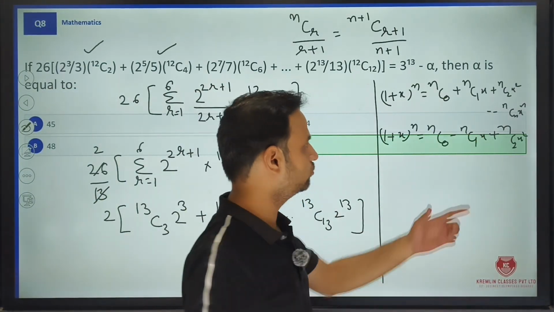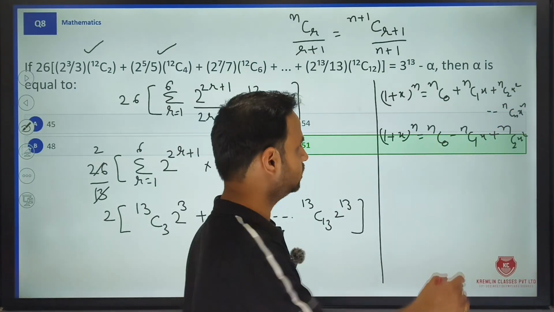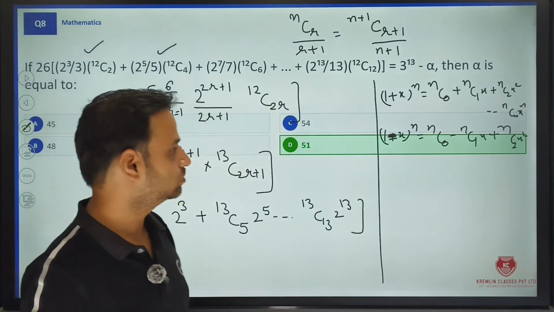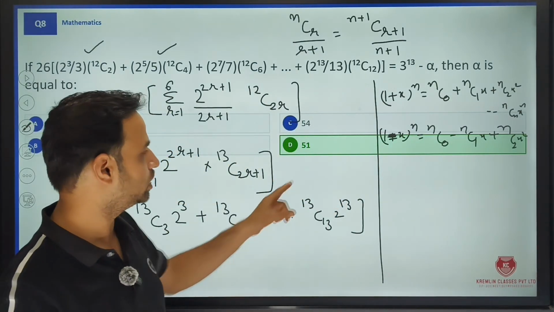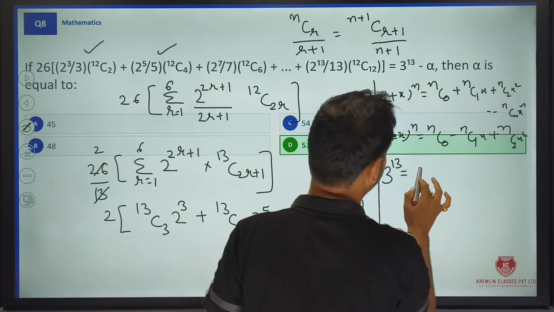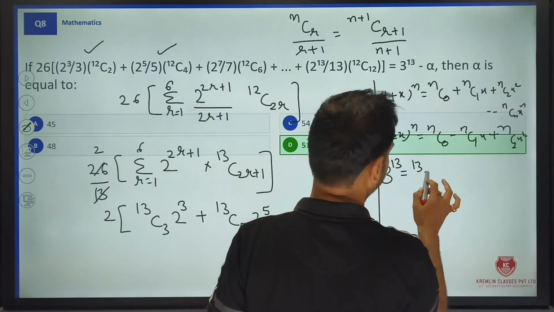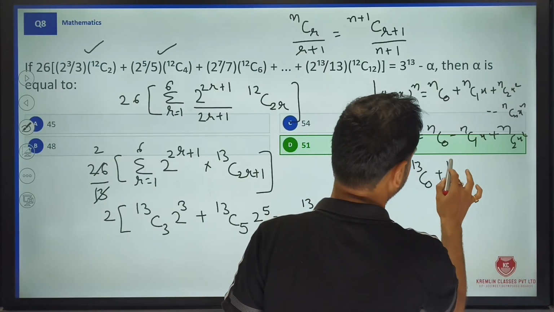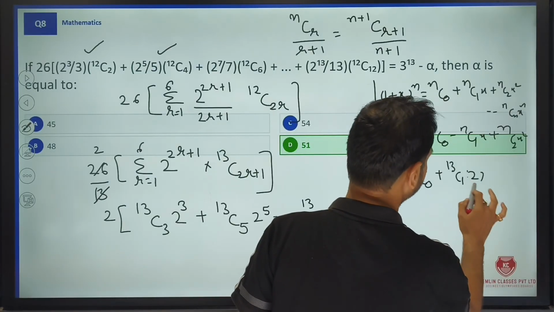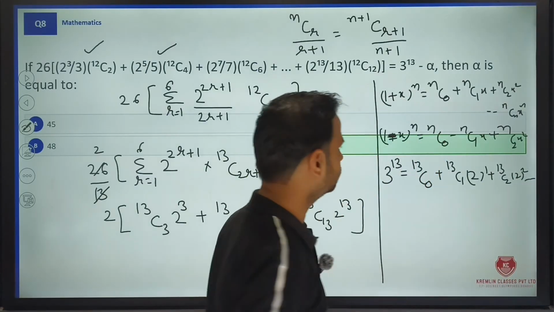We have to solve it by this idea. (1 plus x) power n, we know this is the simple expansion, and this is again the expansion of (1 minus x). So we require 2 here to put. When we put 2, with n value 13, it will come out to be 13C0 plus 13C1 into 2 to the power 1 plus 13C2 into 2 to the power 2, dot dot dot.